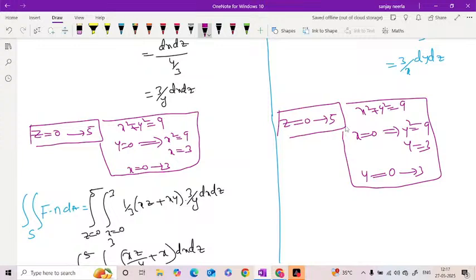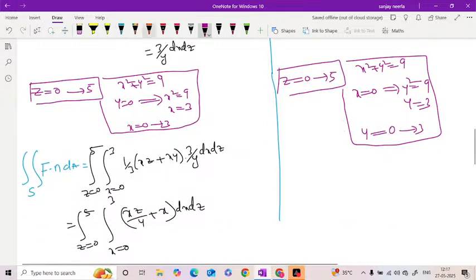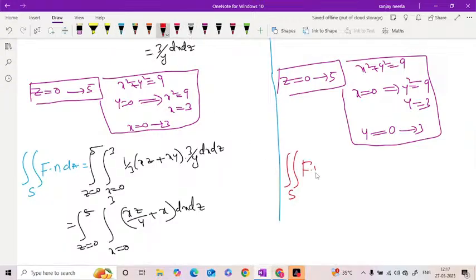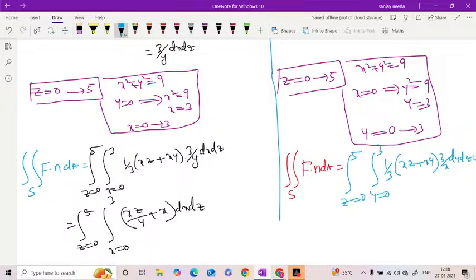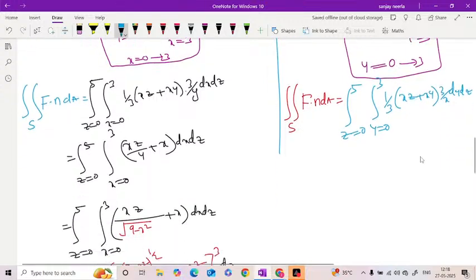Now our double integral on the surface of f dot n dA is z from 0 to 5 and y from 0 to 3 of 1 by 3 of xz plus xy into 3 by x into dy dz.